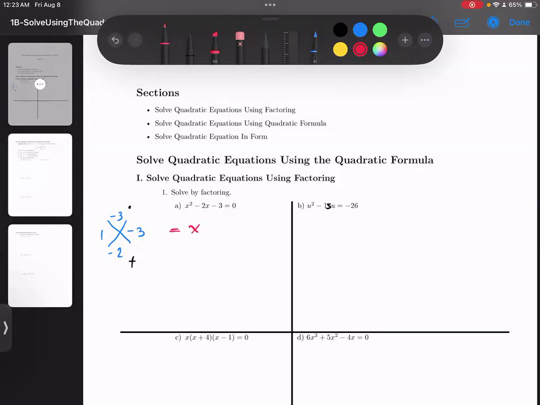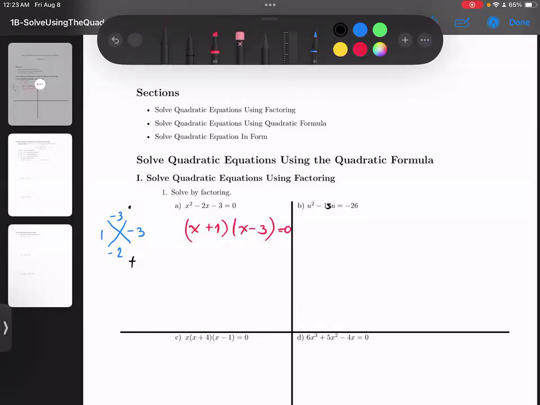So I have x plus 1 times x minus 3. I'm sorry, equals 0. So what does that mean? If you have two numbers, multiply to 0, what does that mean? It means at least one of those is 0, right? One of the binomials has got to be 0.